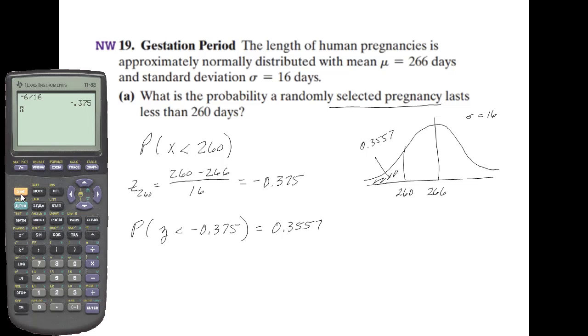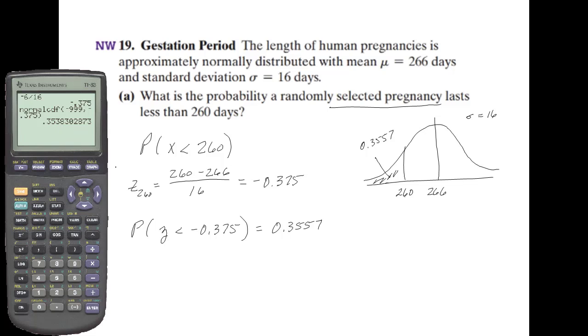I'm going to do it with the calculator. Remember, you can go second, distribution, and I want a normal CDF, so number 2. Remember, I go negative 999, to get way down there, comma, negative 0.375. That's the z-score I'm looking for. Then just close that and get the number.